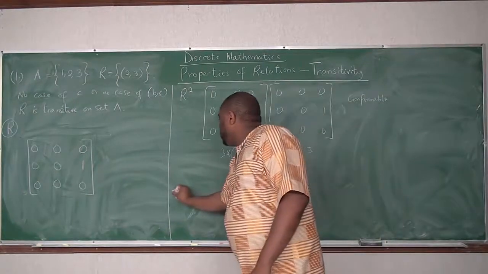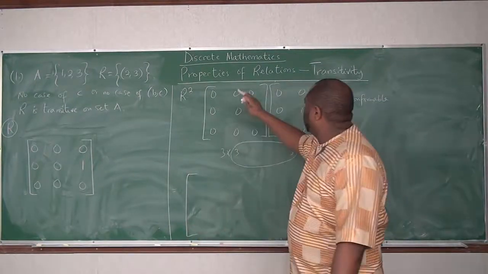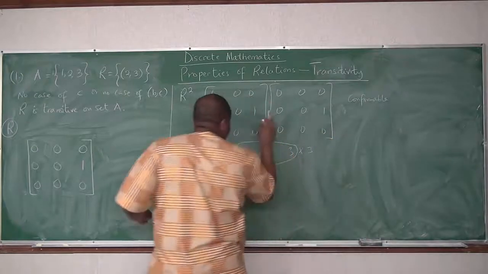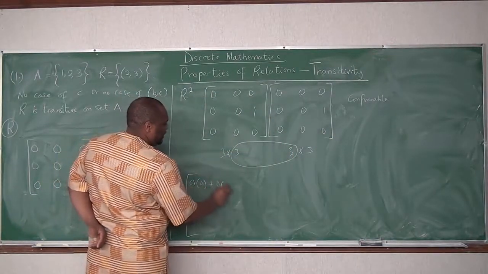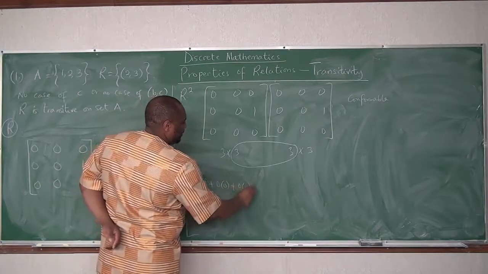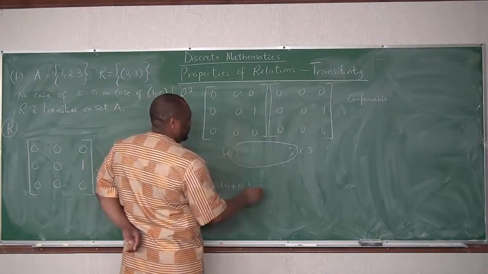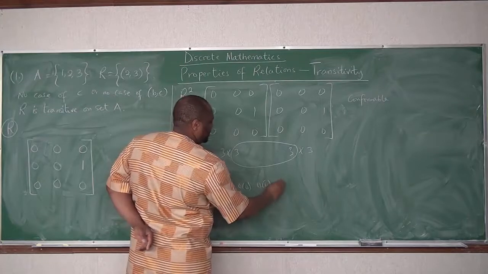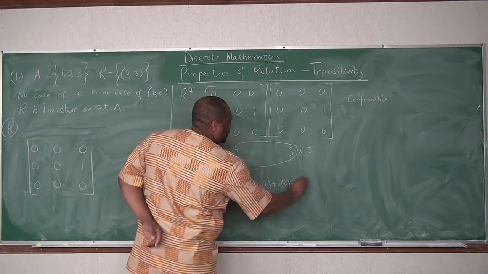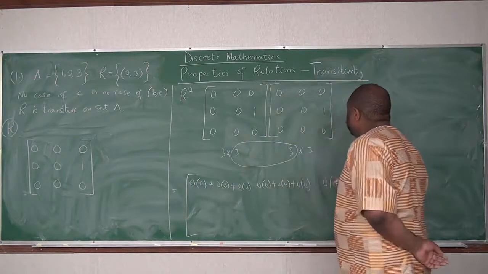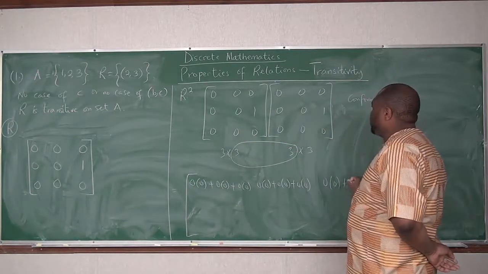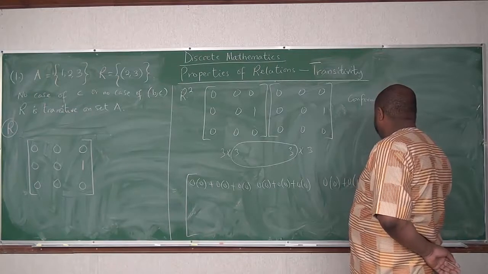Alright, so this will be row by column, okay? Row by column, 0 times 0 plus 0 times 0 plus 0 times 0, 0 times 0 plus 0 times 0 plus 0 times 0, 0 times 0 plus 0 times 1 plus 0 times 0.